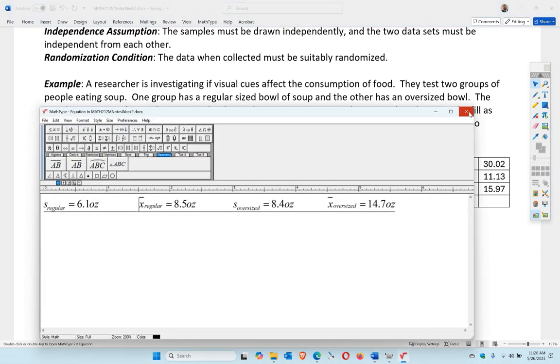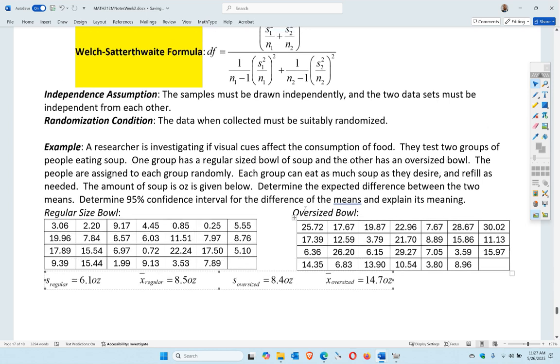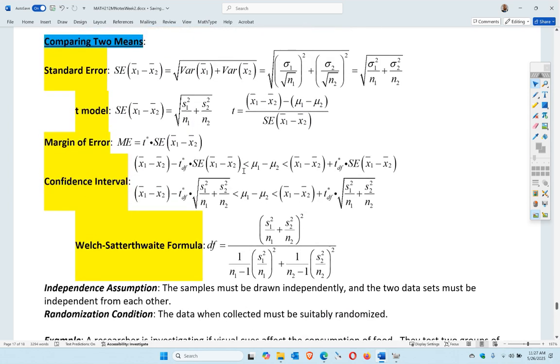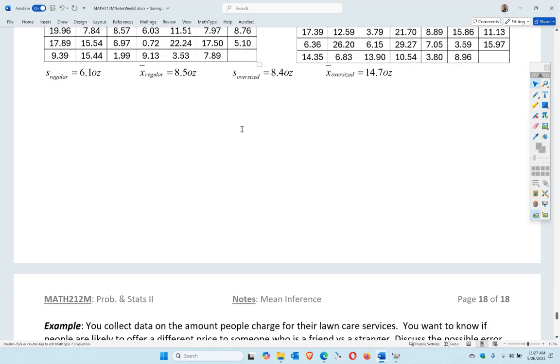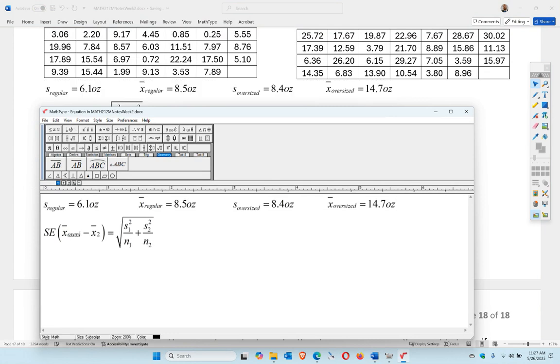I don't like the spacing, but nonetheless it looks pretty good. So we'll copy the formula up here and put it in there. So this is oversized minus regular.